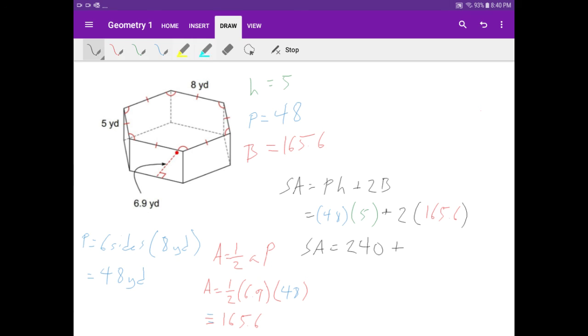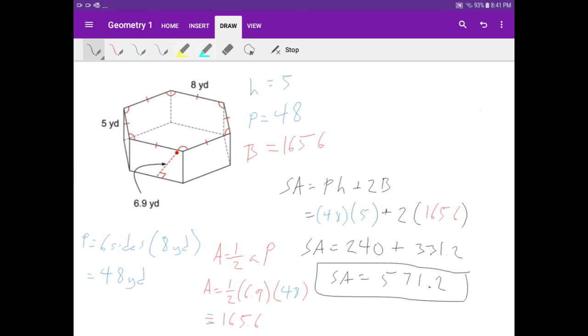Then you do 2 times 165.6, which is 331.2. So your answer is 571.2. There you go.